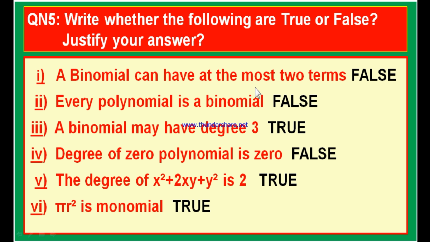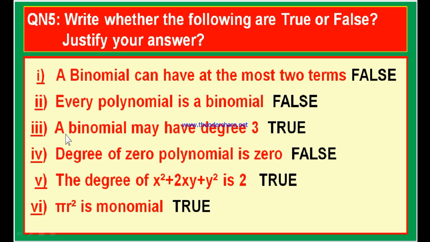And you should write the reason also. Why? Because a binomial should contain exactly two terms. That is the reason. For the second bit, every polynomial is a binomial. It is false. The reason is there are some polynomials which are not binomials.